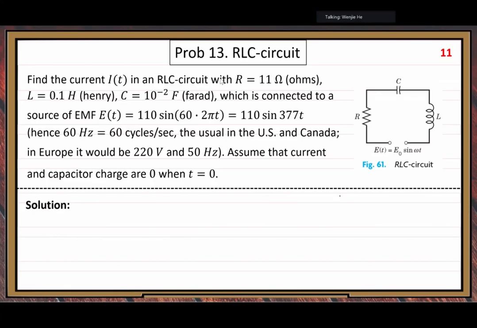Also the initial condition: assume that the current and capacitor charge are 0, so when t equals 0, the initial values of the I function and the Q function are both 0. Then we can find a specific solution. So let's work on the I version ODE first.